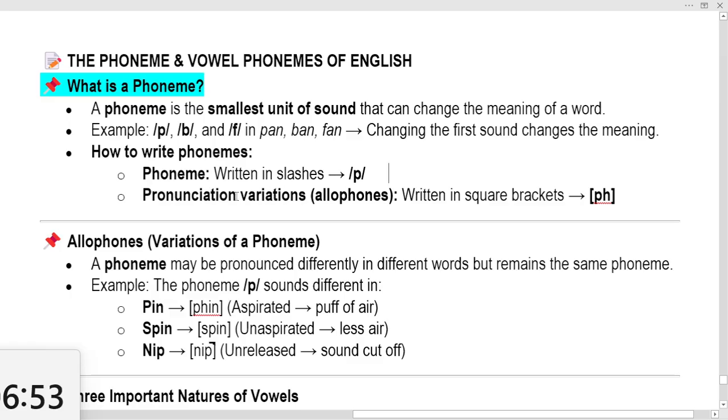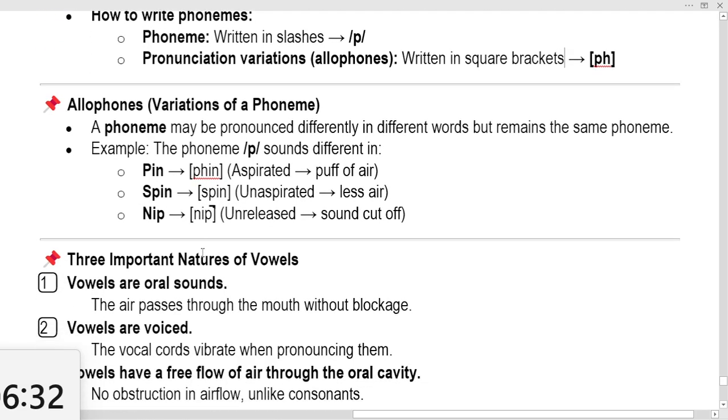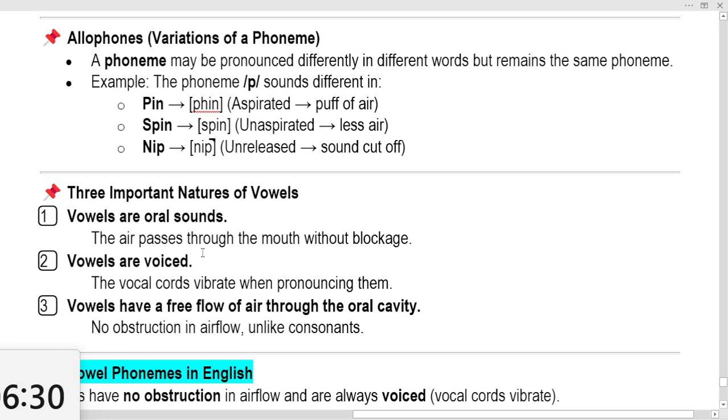Sa pronunciation variations, yung pagkakaiba ng pronunciation, gamit natin is allophones, or gamit natin is square brackets. Ito nakikita nyo na symbol dito sa PH. So, again, allophones are the variations of a phoneme. Let's take note of this one, allophones.